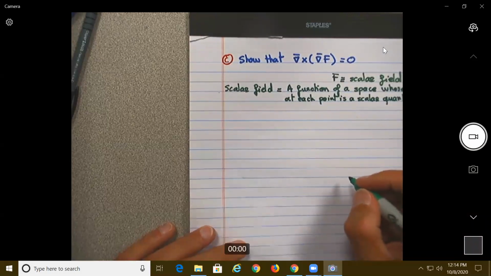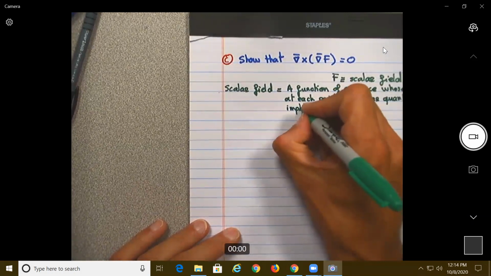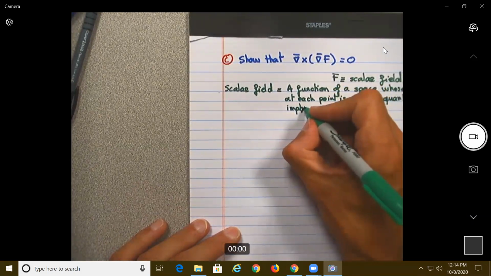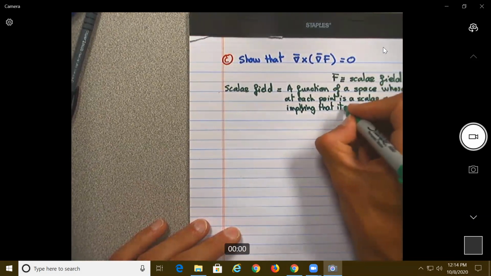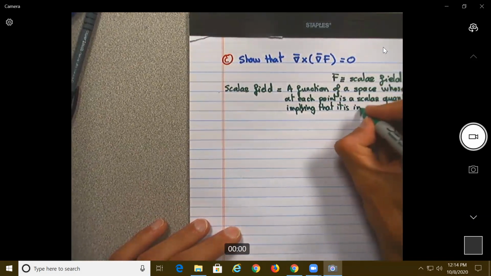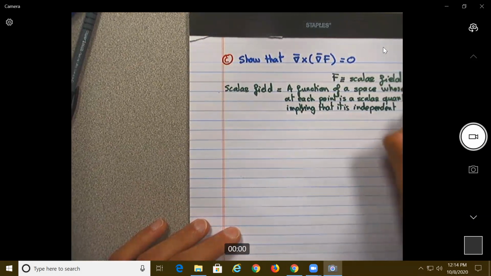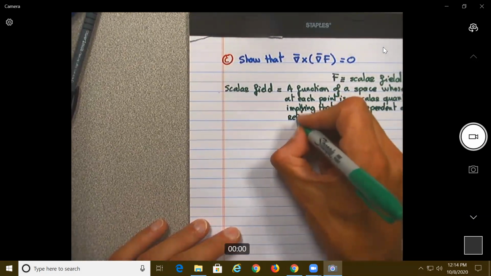What that implies is that it is independent of the reference frame or coordinate system.